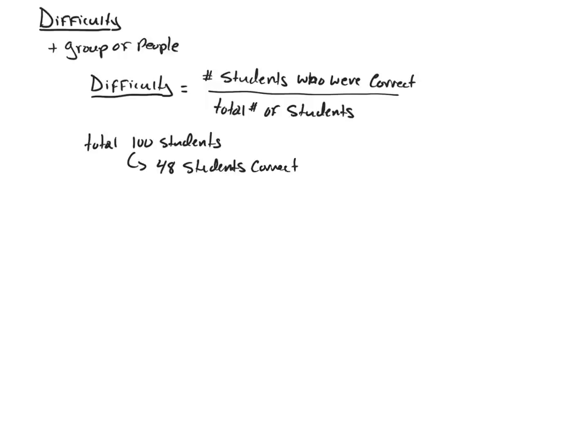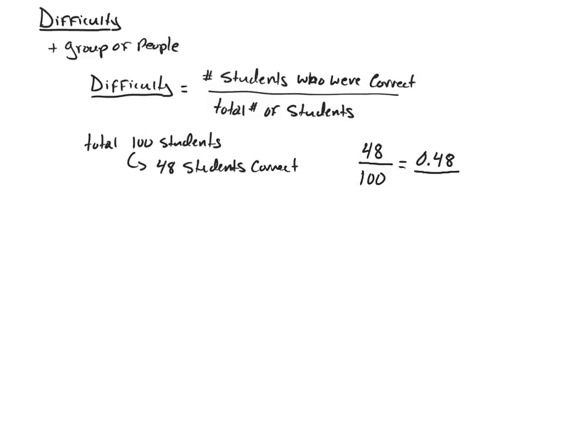So to calculate the difficulty, it's very easy. The number of students who were correct, 48, divided by the total number, 100. So 48 divided by 100 gives us a difficulty of 0.48.